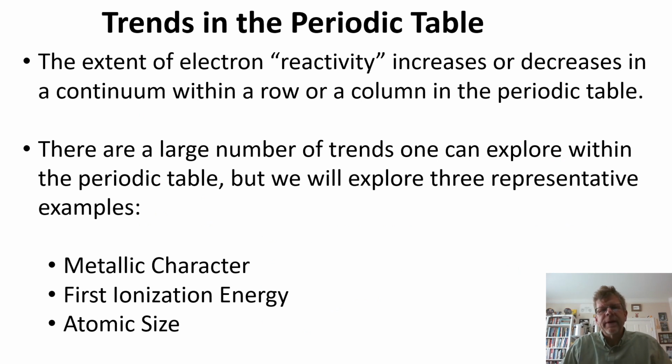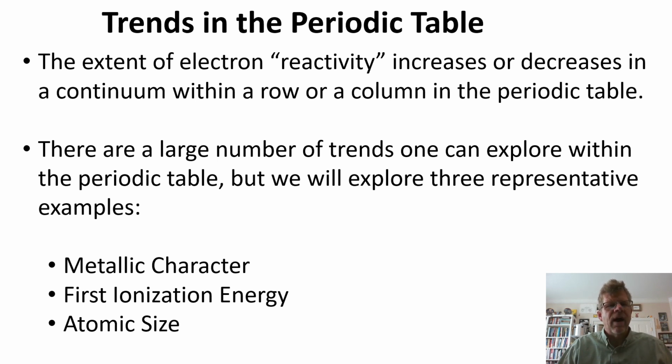We're going to take a little bit of a detour now that we've understood how electrons react and what the model is that allows us to form ions. Since we're talking about electrons in this unit of study, and electrons are the basis of chemical reactivity, we're going to start looking at reactivity trends in the periodic table.